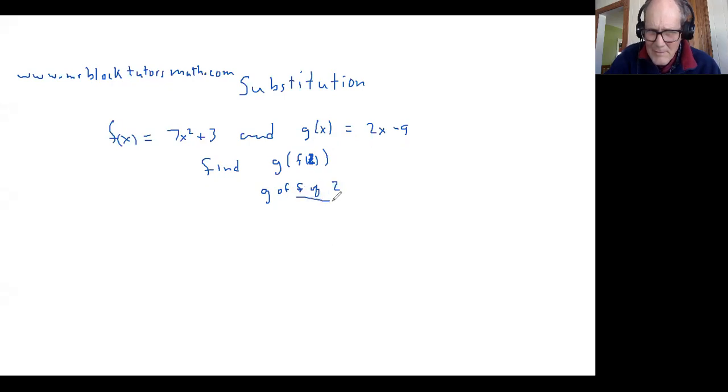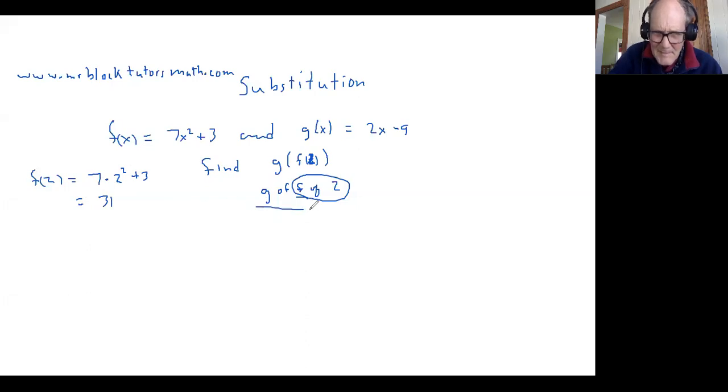So what I do is I find f of 2, and I find f of 2 by substituting. So I take f of 2 means wherever I have an x, I replace it with a 2. 7 times 2 squared plus 3. 2 squared is 4. 4 times 7 is 28. 28 plus 3 is 31.